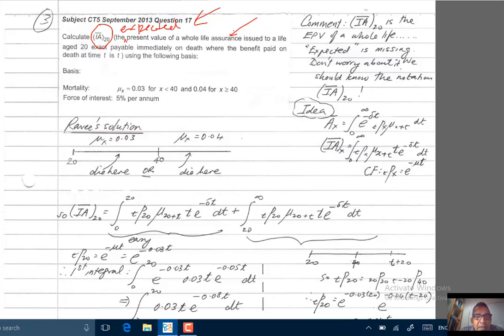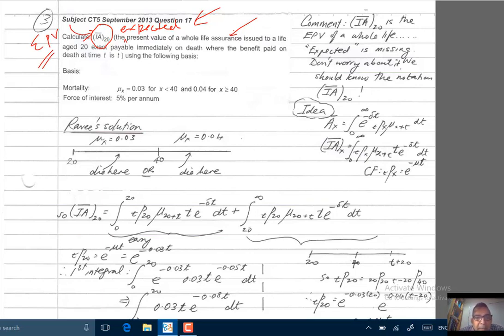IA bar, subscript 20, this is the expected present value of a whole life assurance issued to a life age 20 exact, payable immediately on death, where the benefit paid on death at time t is t. Okay, but anyway, you should know this is an expected present value from the notation, even if they had missed out the word.